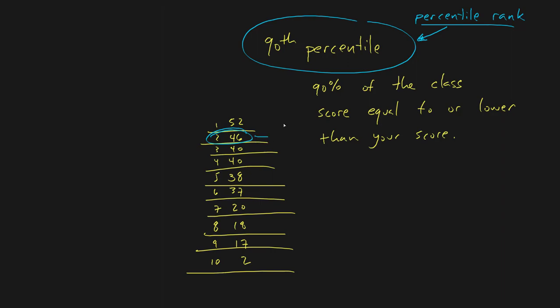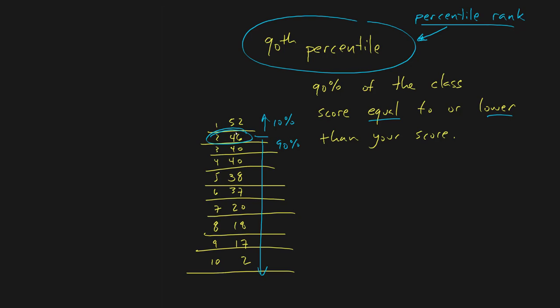The reason for that is because only 10% of people scored higher, whereas 90% scored equal to or lower. So that would put you in the 90th percentile of the class. It doesn't mean you got 90% on your exam.